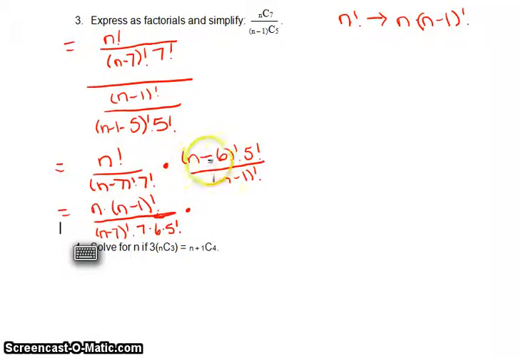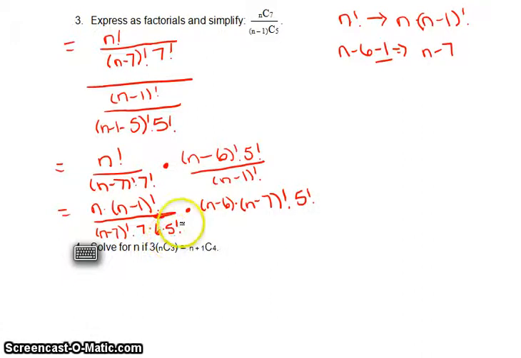So with n minus 6, we want to make it 1 less, and to make it 1 less, you subtract 1. So that becomes n minus 7. That's why we didn't rewrite n minus 7. Normally you would think we have to go down to n minus 6, but that's actually going up. Remember, we're going to subtract, so we want to go from n minus 6 to n minus 7. So this one we're going to rewrite as n minus 6 times 1 less, which is n minus 7 factorial. And we can leave 5 factorial as it is.